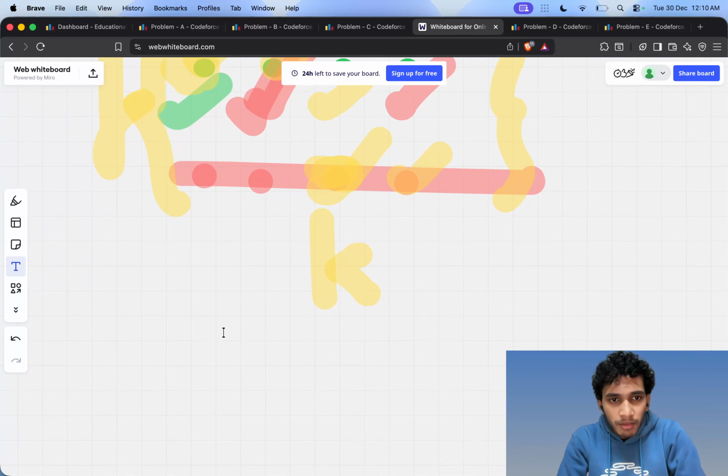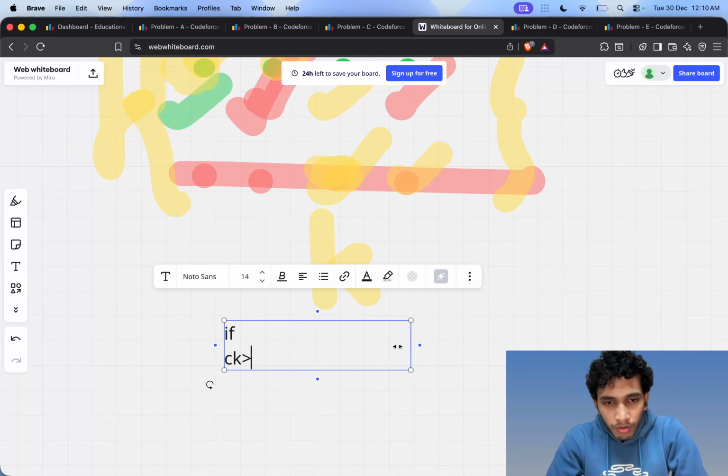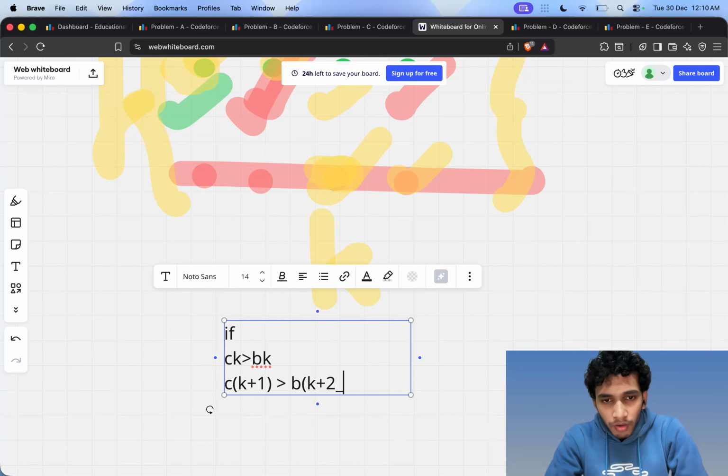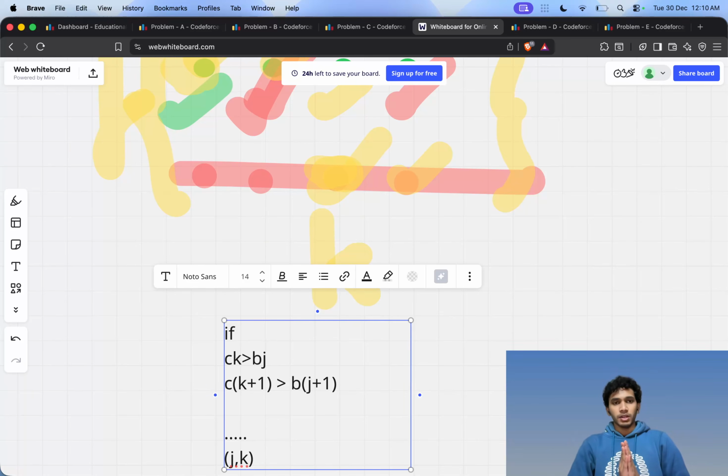How can we write this mathematically? If C of k is greater than B of k, C of k plus 1 is greater than B of k plus 1, and so on, then this particular B of j, this particular combination j comma k is possible.